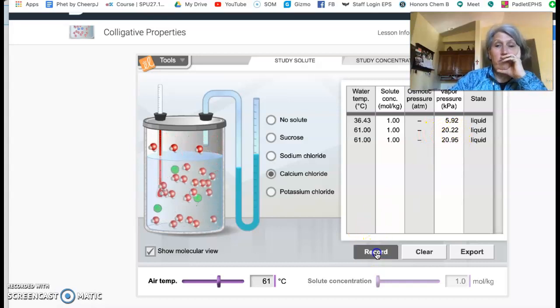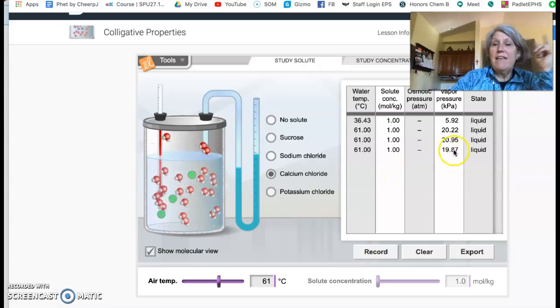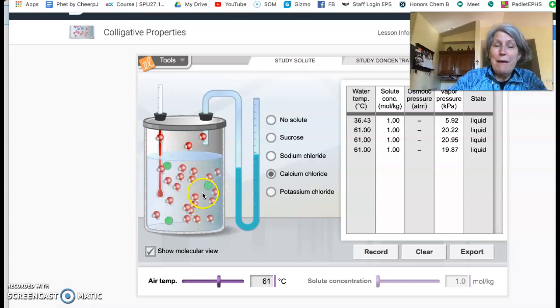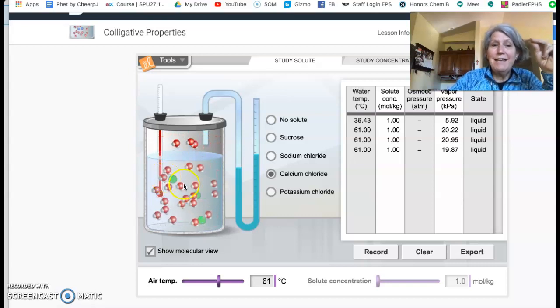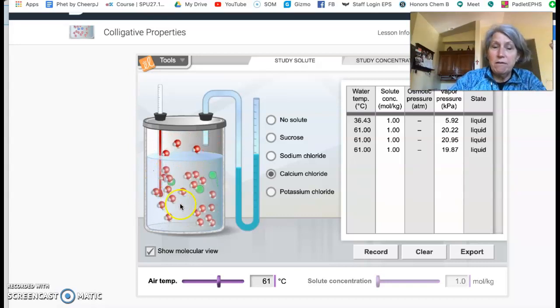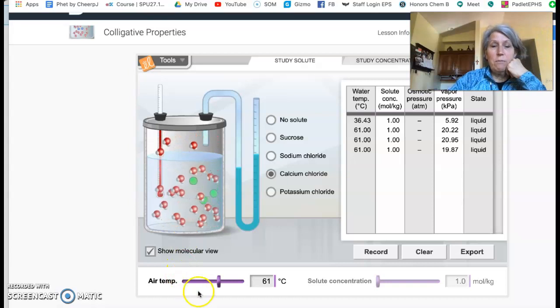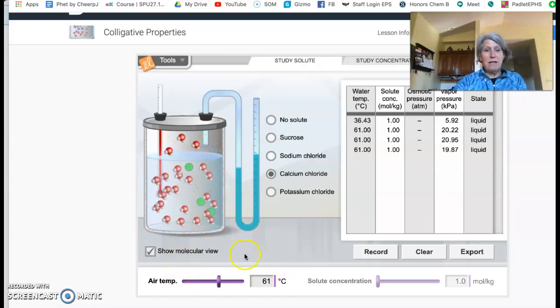Let's take a look. Look at that. It's even lower than 20.22. Colligative properties indicate it's about the number of particles in the solution that will lower the vapor pressure. Okay, so that's also an important concept to understand.